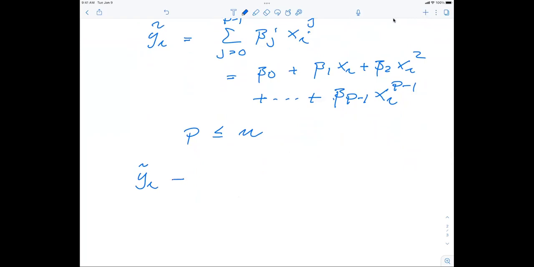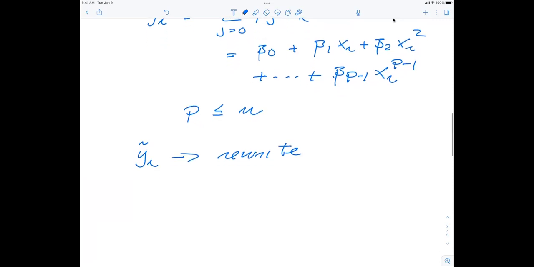And now we are going to rewrite this in terms of a matrix times a vector. You can see that immediately if you write y0, this is y tilde 0. This is going to be given by beta 0, plus beta 1 x0, plus beta 2 times x0 to the power of 2. And this goes all the way up to beta p minus 1 times x0 to the power of p minus 1.